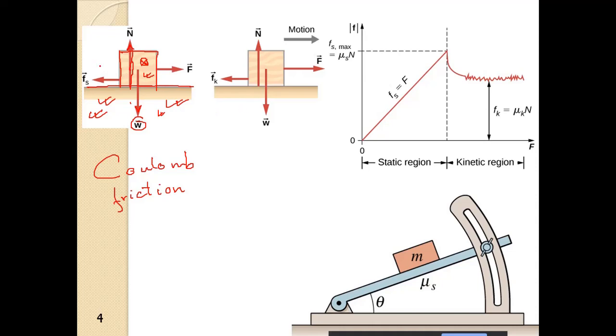Suppose we start pulling this object in this direction, and we keep increasing the force. We apply 1 Newton force, 2 Newton force, 3 Newton force, increasing the magnitude of the force.